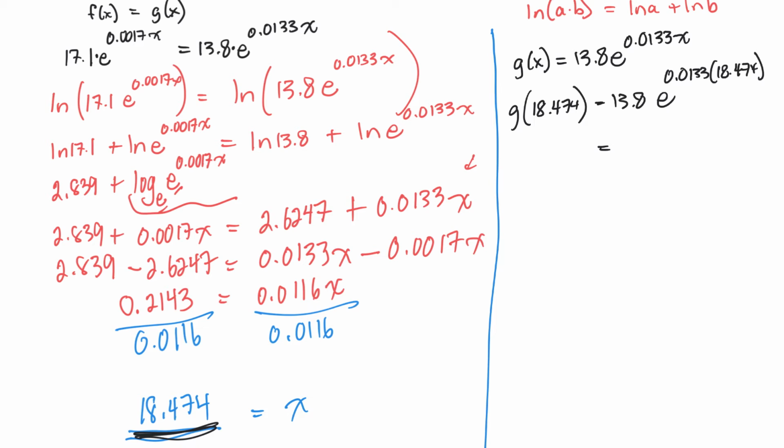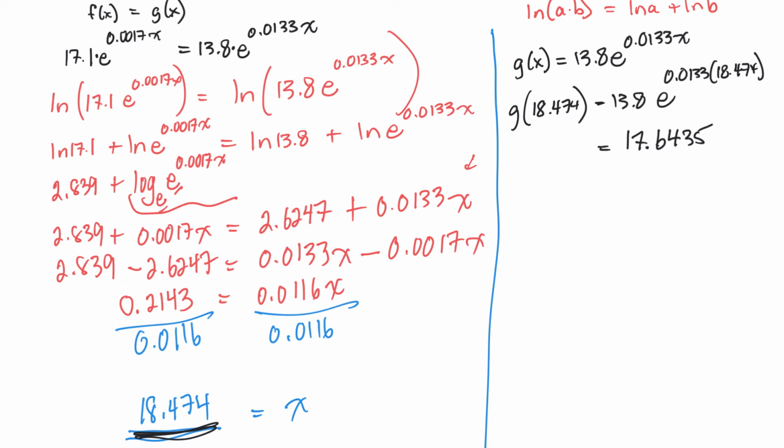Okay, so on my calculator, 13.8, and then e to the, and I'm going to put this in brackets so it keeps it as an exponent, 0.0133 times 18.474. See, yeah, that looks right. Go. All right. So that's an interesting number. Yeah, I come up with 17.6435.